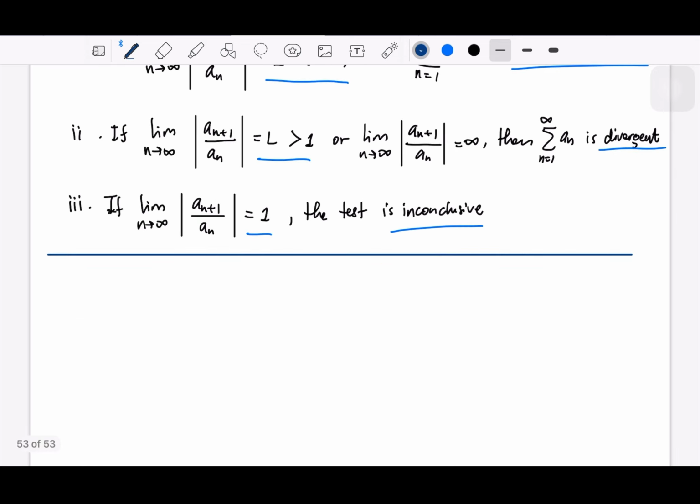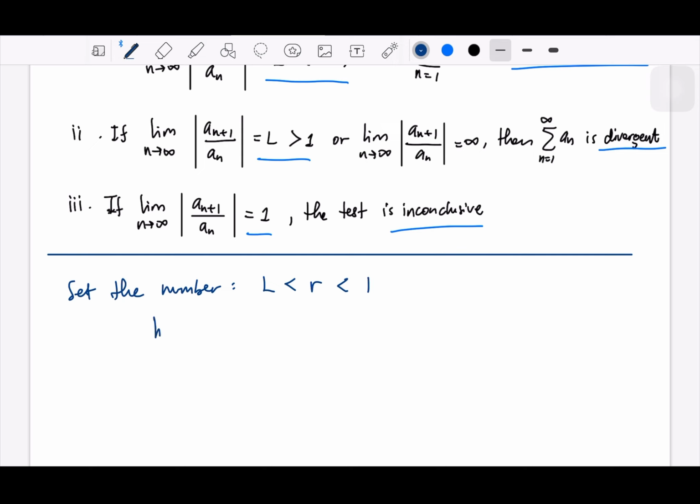Okay, so how do we get the reasons behind the number, or the criteria? Maybe we can set up a number R that lies between L and 1.